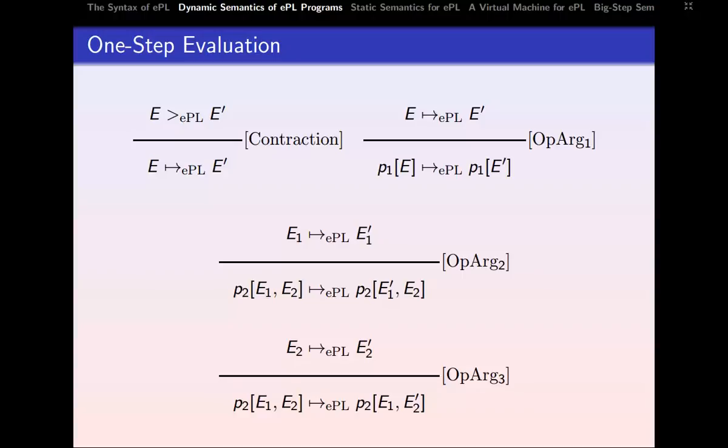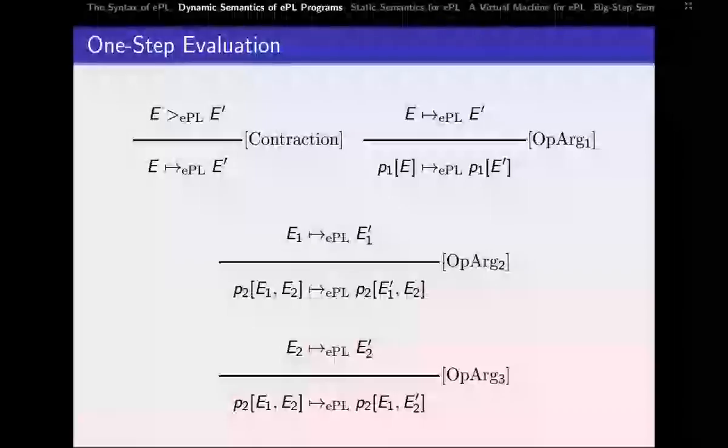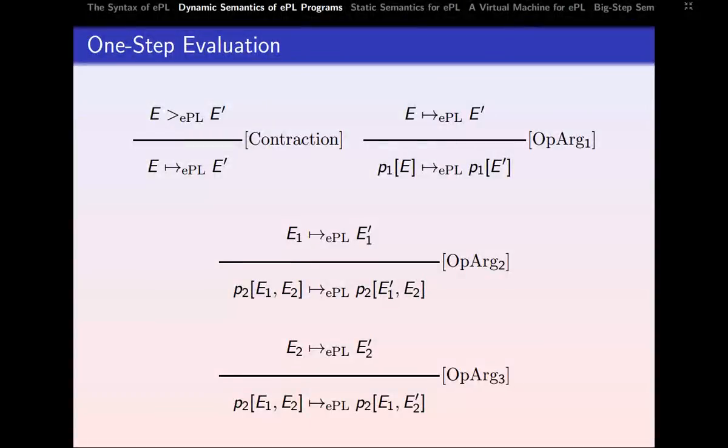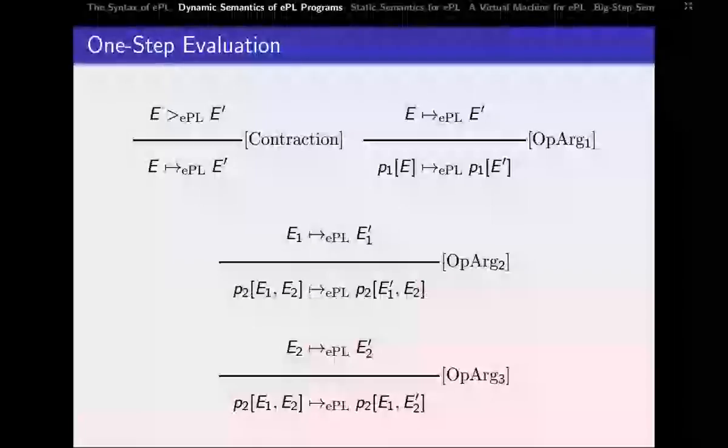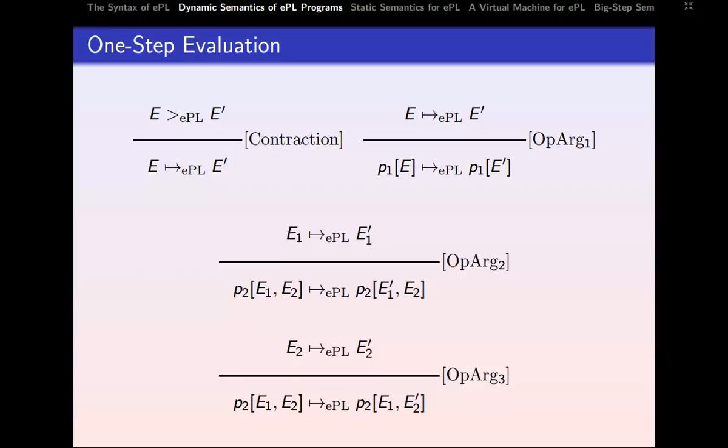But in the one-step evaluation, you never have the same expression on the left and the right, because the one-step evaluation means at least one contraction, and one contraction means one less operator. So they can never be the same.